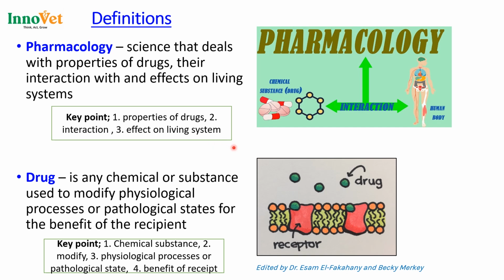So in pharmacology, you need to know the first three core components. When you're talking of pharmacology, you're going to be talking about properties of a drug, you're going to look at the interactions, and you're going to look at the effects on the living system. So pharmacology can be defined from these three core components.